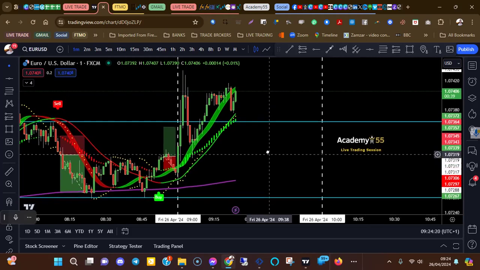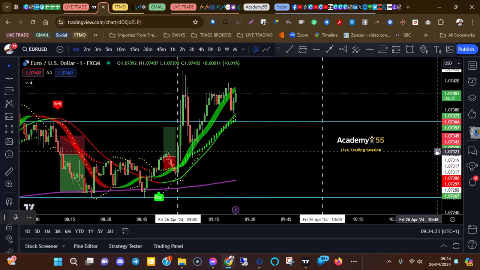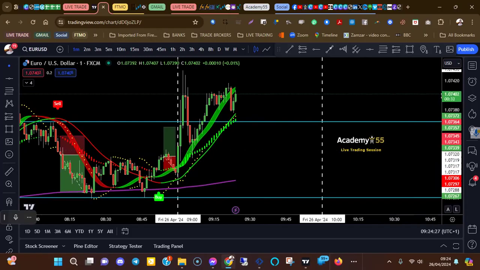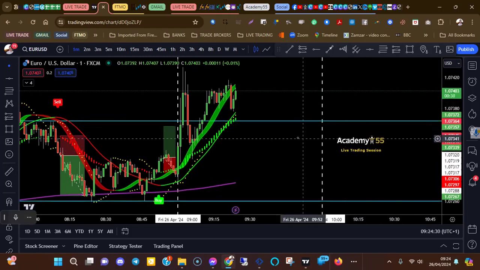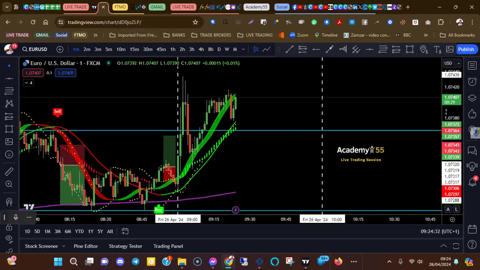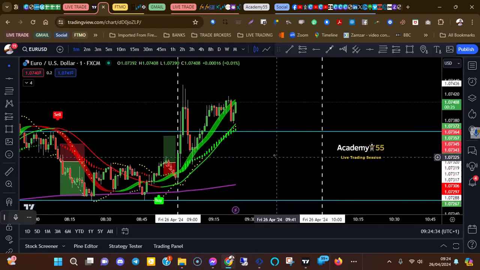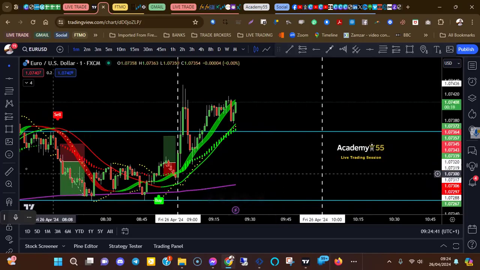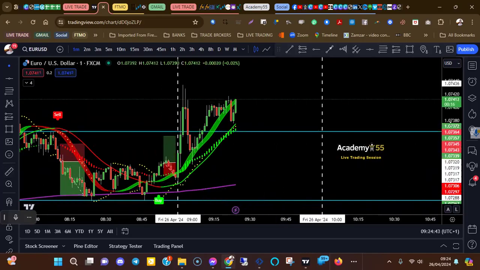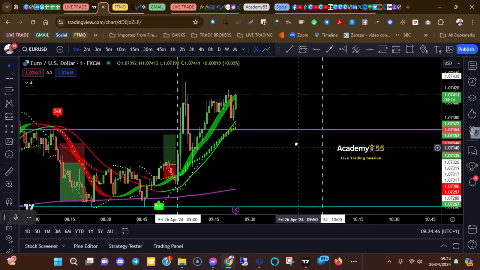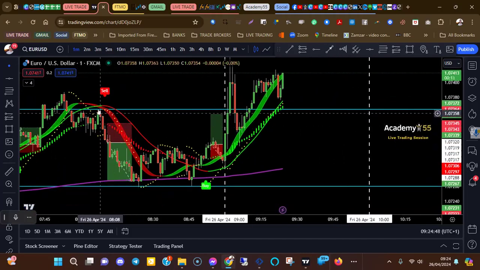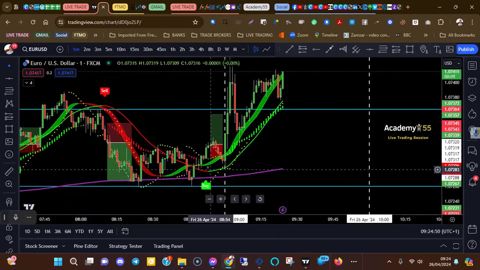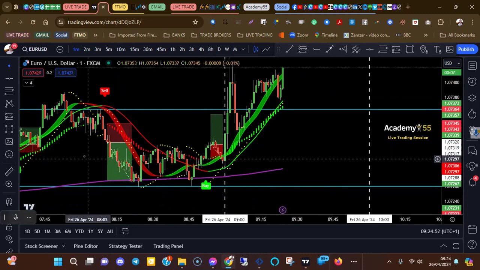And you get out of that, and you just be patient. We're paid to wait and wait for the best probabilities. That's what we're doing. And thanks to the Academy 55 indicators, the probabilities are stacked in your favor, i.e. red for a sell, green for a buy.